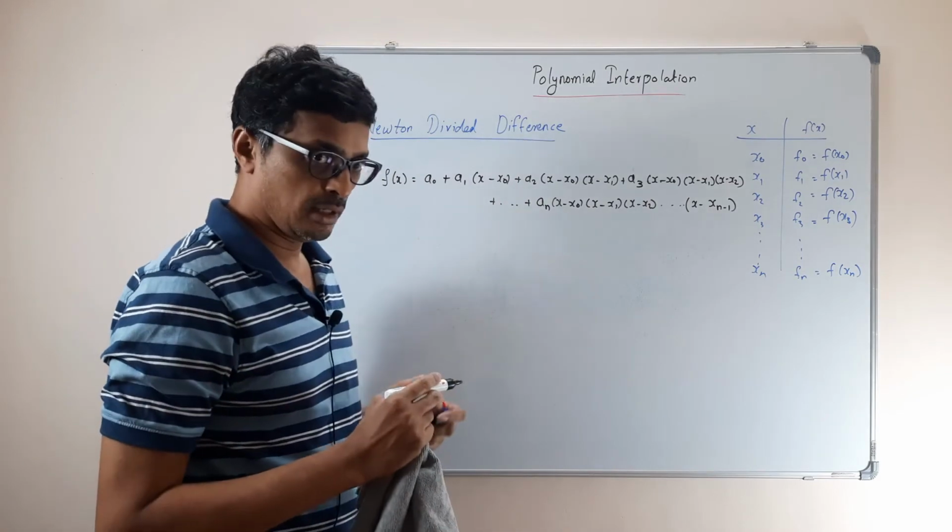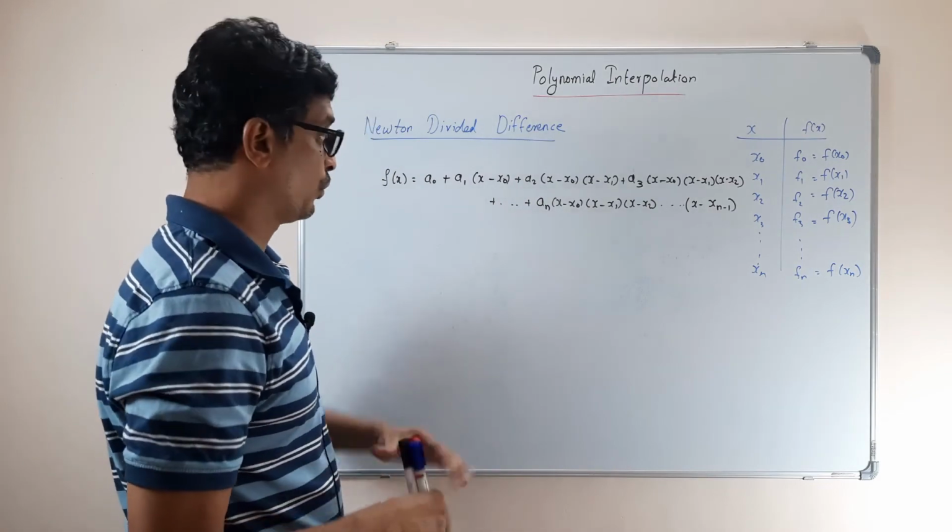You can clearly see this is a polynomial of degree n.